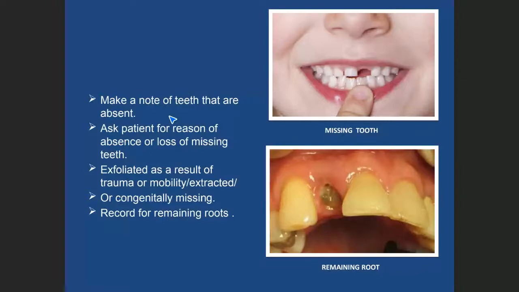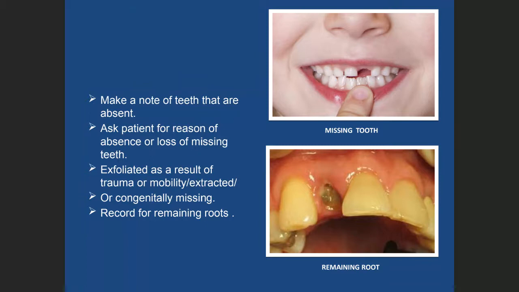Now next, whenever you see any abnormalities in the tooth, suppose you see caries, you have to write it down. Suppose there is a missing tooth, write it down. Suppose there is a restoration, a fracture or a remaining root or mobility, anything which is not normal with the particular teeth. Each and every tooth has to be recorded separately and along with each surface.